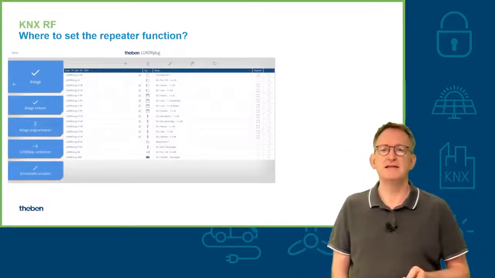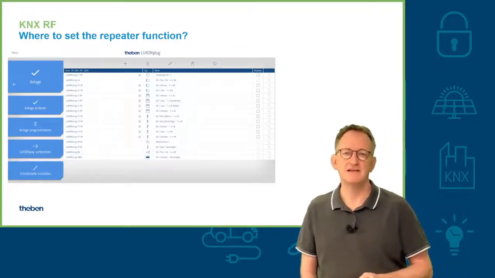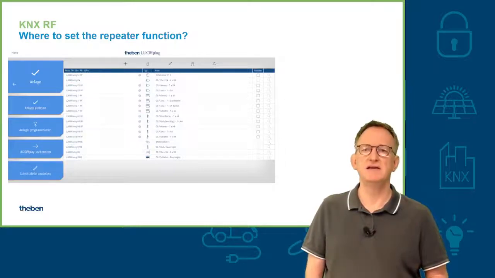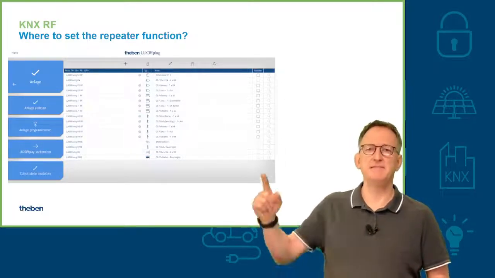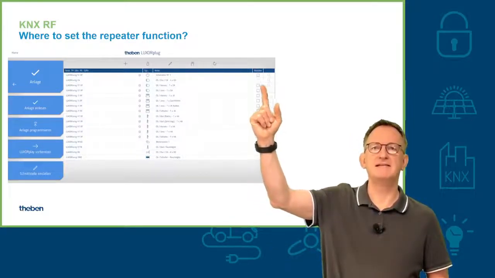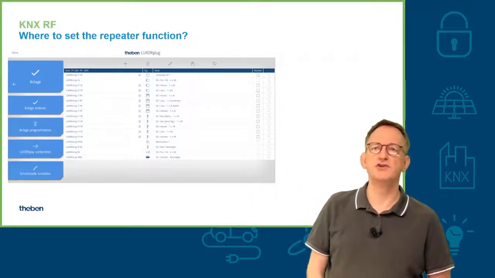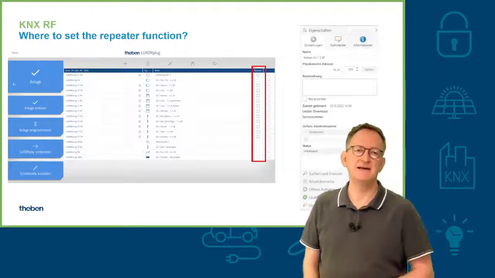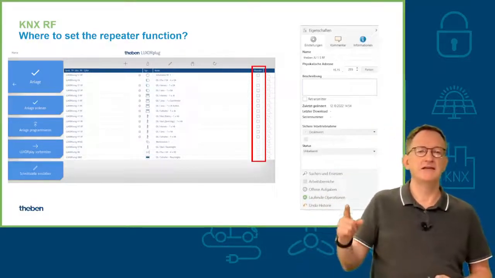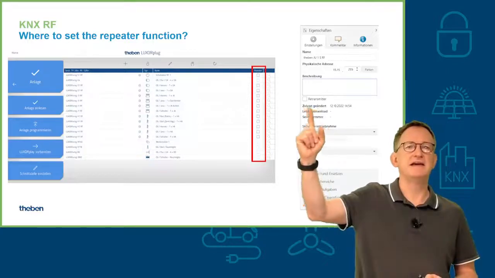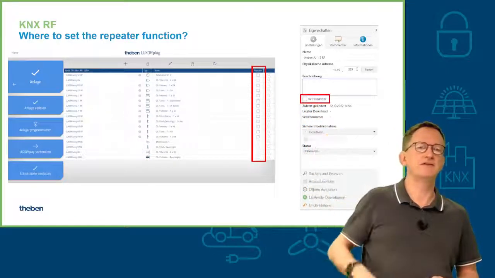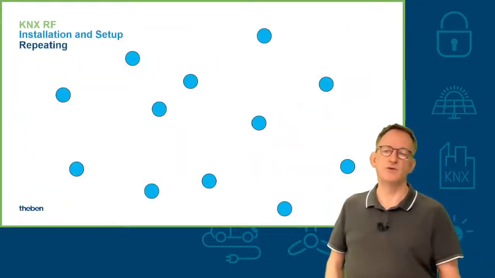But first let me show you where you can set the repeating function. In Luxor Living, in the middle, in the device list, there is a box where you can mark which RF devices should act as a repeater. On the KNX side, you can find it under the properties of a device, and also set retransmitter to yes, and then it works.